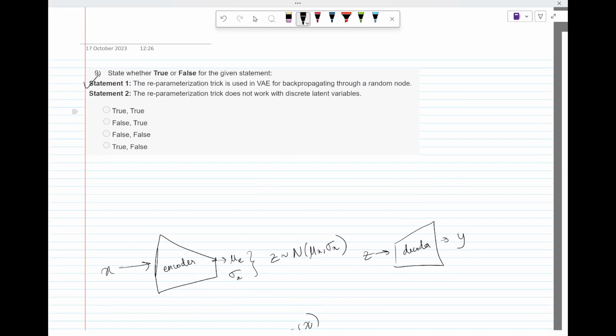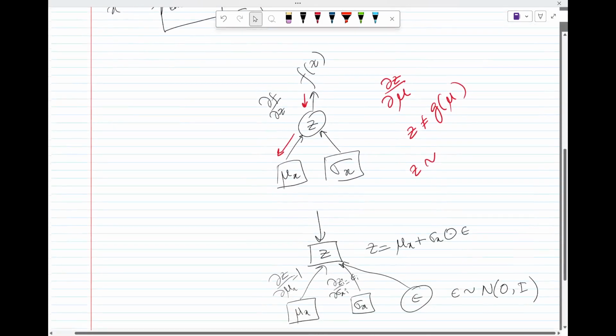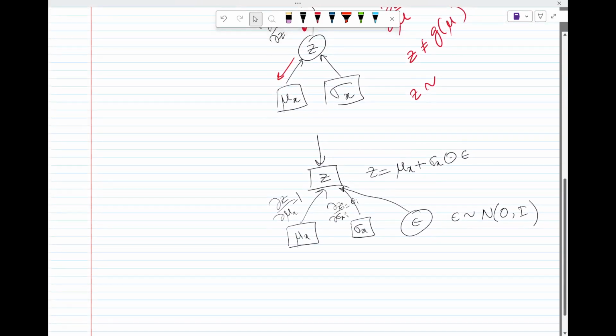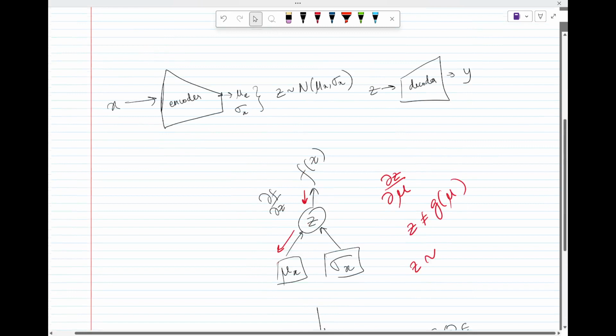The reparameterization trick does not work with discrete latent variables. So what does that mean? For a continuous random variable we were able to do it, but what if z was a discrete variable?